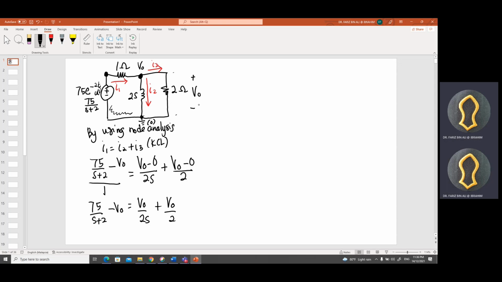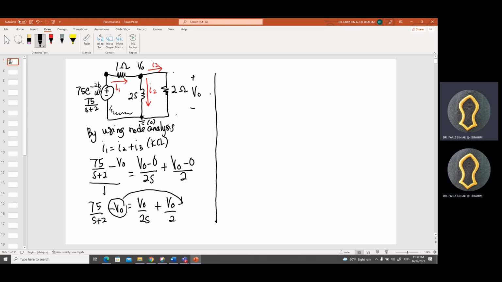Now we try to put V naught on one side. So let's say I bring this V naught over here and keep 75 over S plus 2 on the other side.